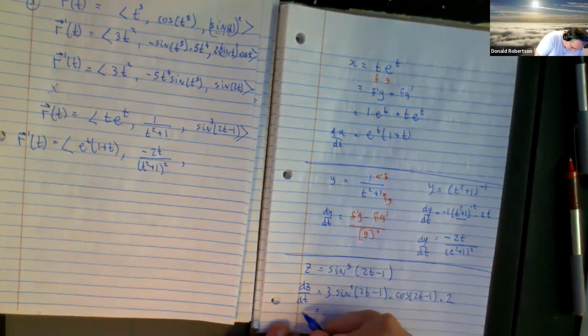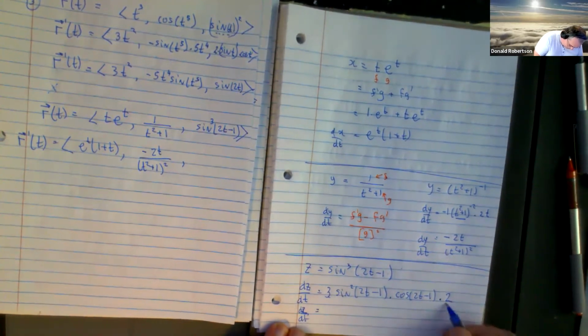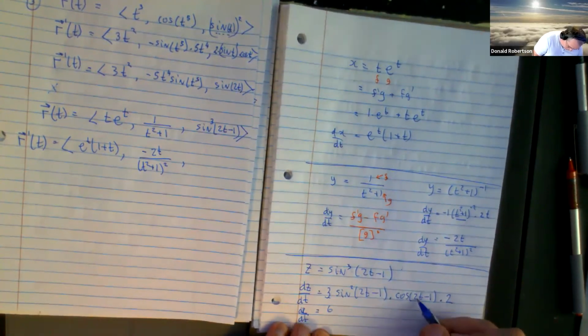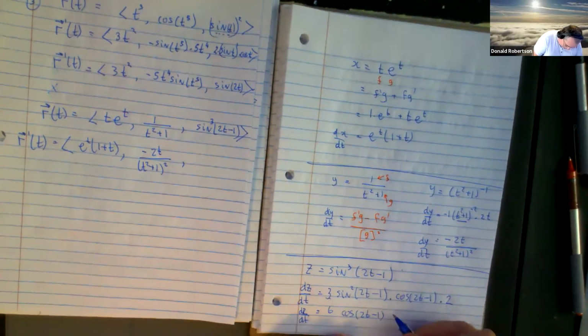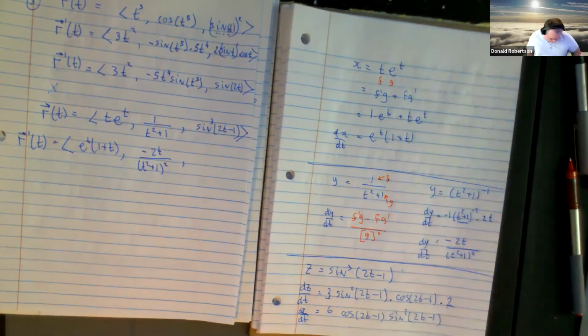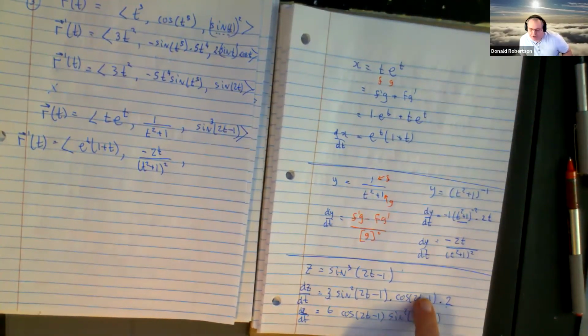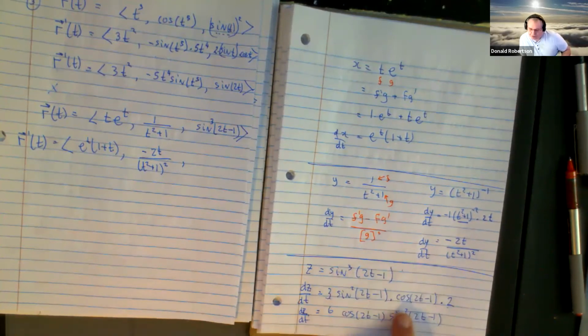Now to make it look pretty, really all I'm going to do is that, and that gets you 6. Then I put a single cosine and then a sine squared. The most common mistake that people do when you have these chain rule inside chain rule questions is they miss one of these guys.